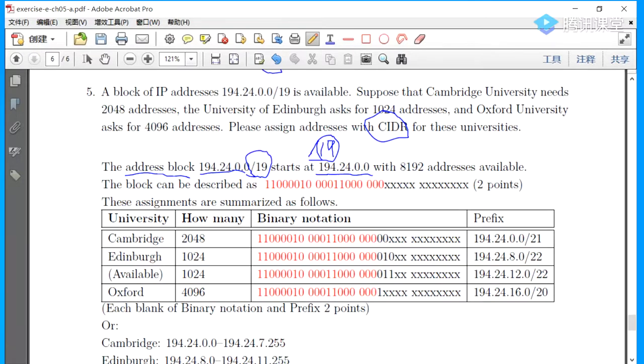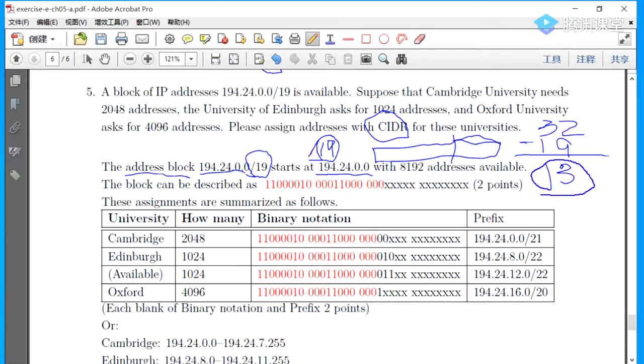So the length of the host portion should be 32 minus 19, right? 13. The length of the host portion is 13.